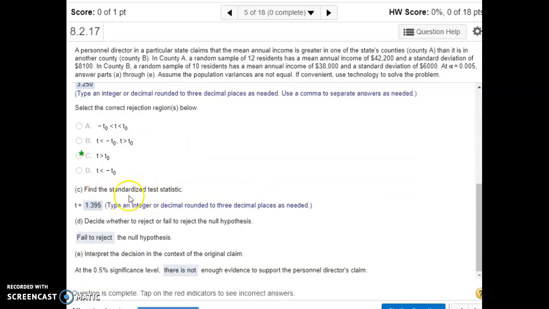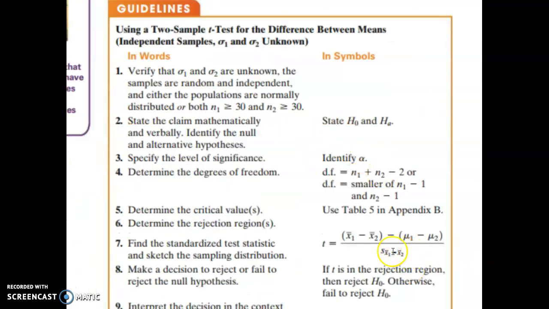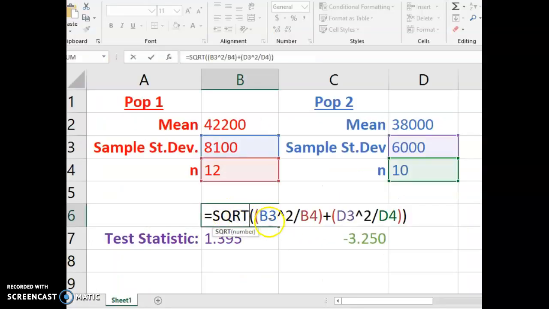So now to find the standardized test statistic, this is what goes on the bottom of the calculation, and then on top we'll be subtracting the sample means from each other. And so working with that bottom part first, we take the sample standard deviation, you square it, and divide by the sample size. Do that with your first sample, and do the same thing with your second sample.